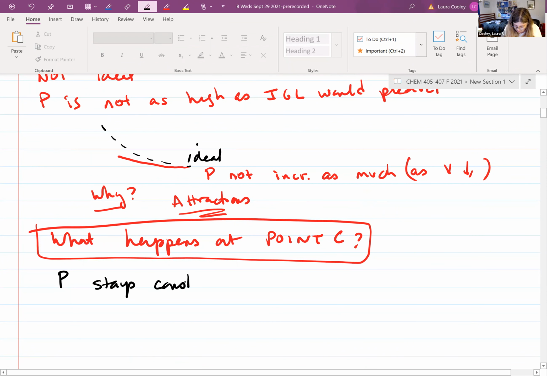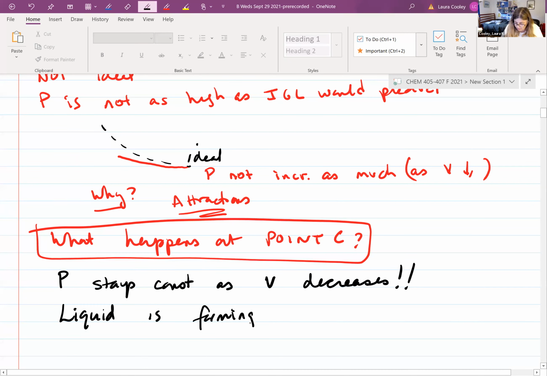This is actually because liquid has started to form. And the first drops of liquid are at point C. Okay, so what's going to happen to the pressure as you decrease the volume of this now gas liquid mixture?